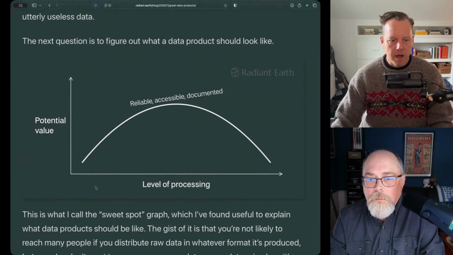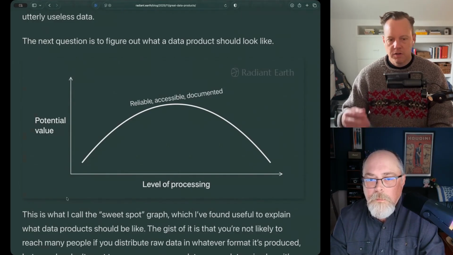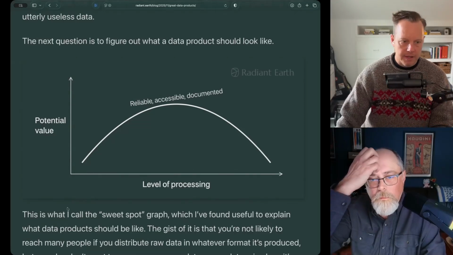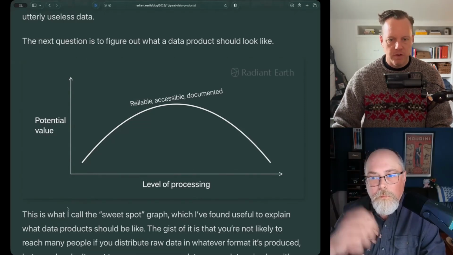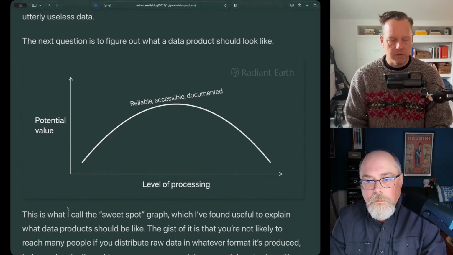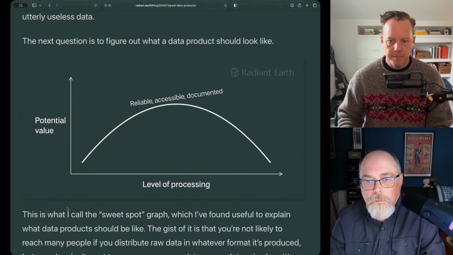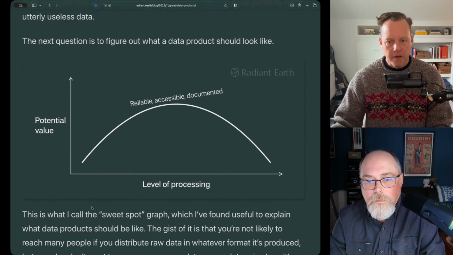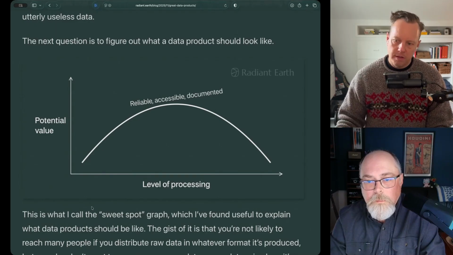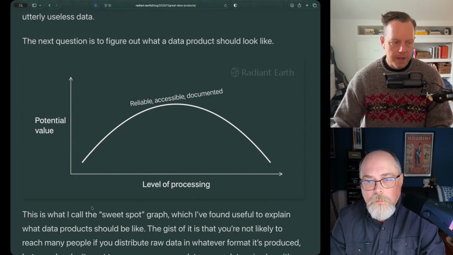If you have raw data off of a sensor, it is not going to be that useful to that many people. There's an inherent cost required to extract any sort of value from it. Satellite imagery is notoriously difficult here. But what often gets funded is, I want a thing that's going to track mudslide risk, for example, in the Pacific Northwest.